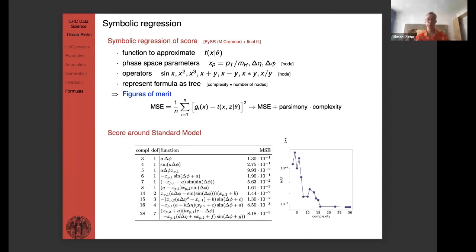Now the trick behind symbolic regression is that you represent your formula as a tree where you link parameters through operators, and you can write this down as a tree function. You construct these trees, evaluate the function according to your tree, and then compare it to simulated data, my function t, which comes from some Monte Carlo code.